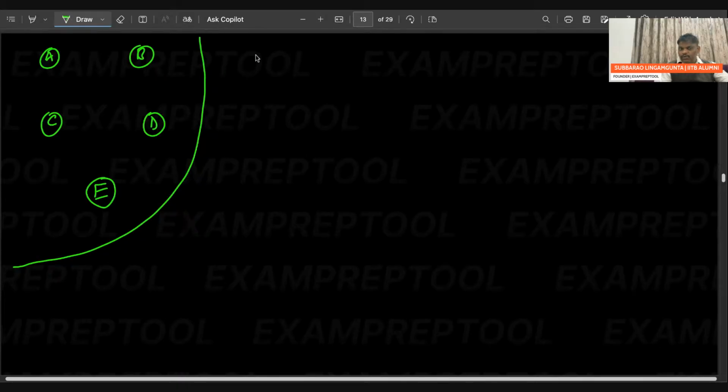Observe clearly. We are talking about simple graphs only.